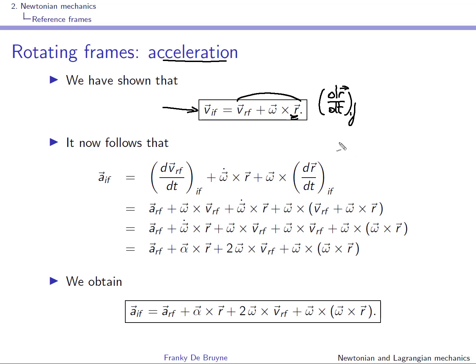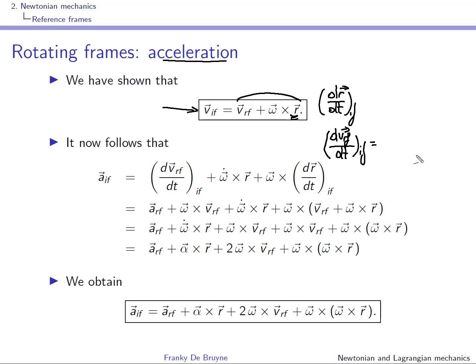So this is the result of the previous slide. Well, you can do something similar if you're interested in the derivative of the velocity vector in the rotating frame, its time derivative seen from the inertial frame.